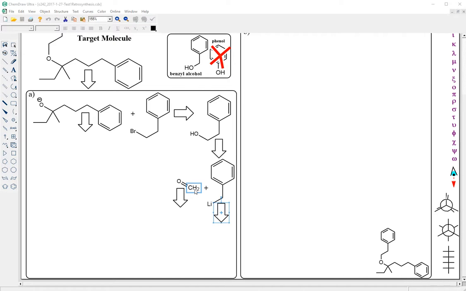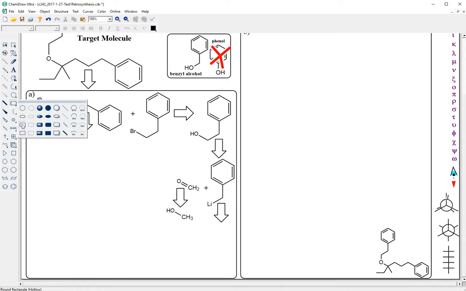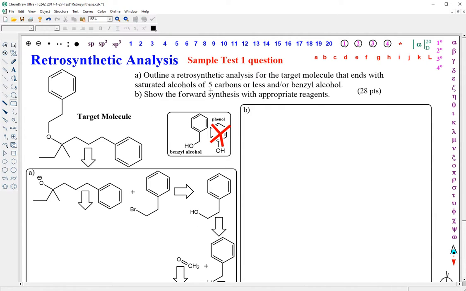Let's deal with the easier one again. Aldehydes come from alcohols. Methanol in this case. Circle it. It's on your list of allowed chemicals. Alcohols of 5 carbons or less.